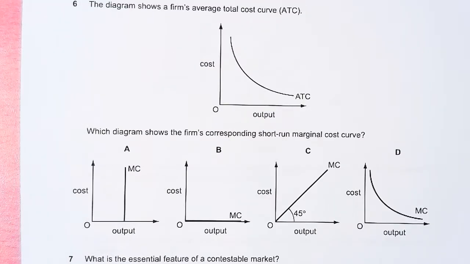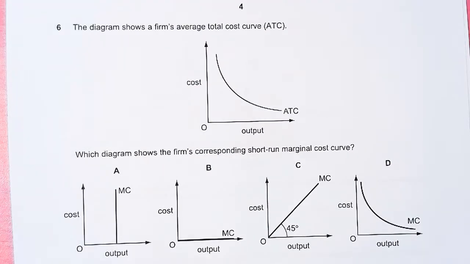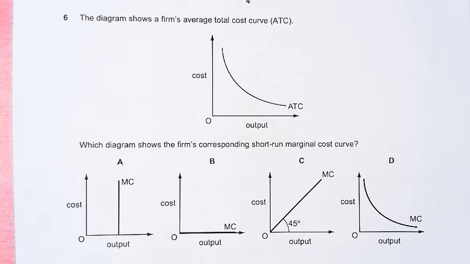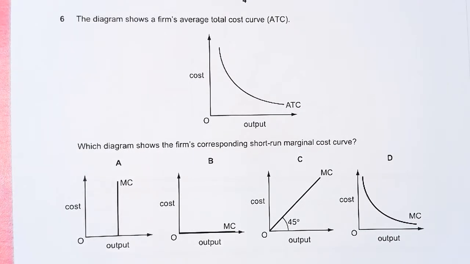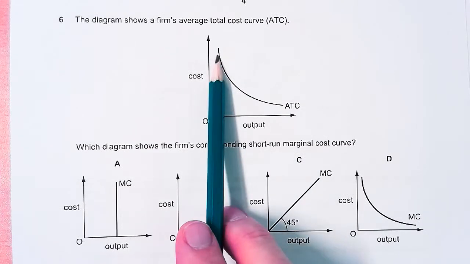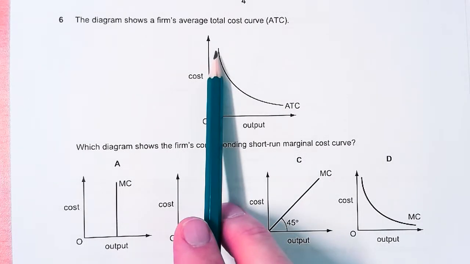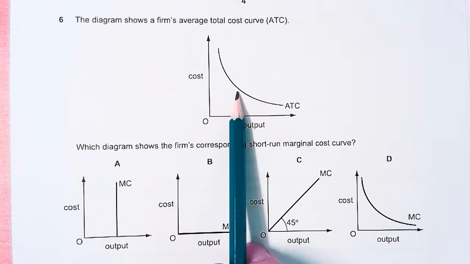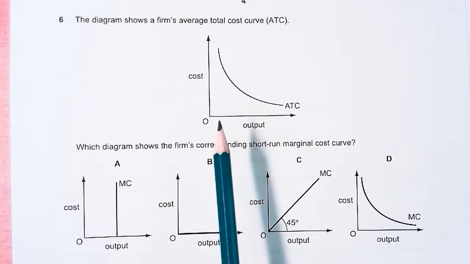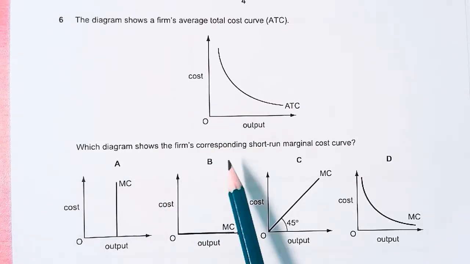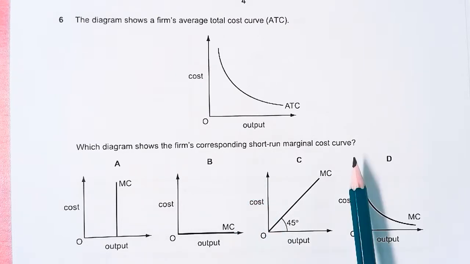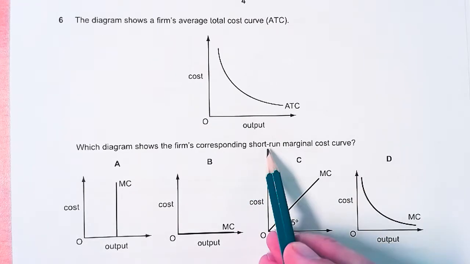Okay, so this sort of question can often be a bit of a stumbling block. The diagram shows the firm's average total cost curve. So let's just look at this to start with. We can see that this average total cost curve comes down as we would expect. Now, which diagram shows the firm's corresponding short-run marginal cost? Notice it says short-run, and it's obviously talking about marginal cost.